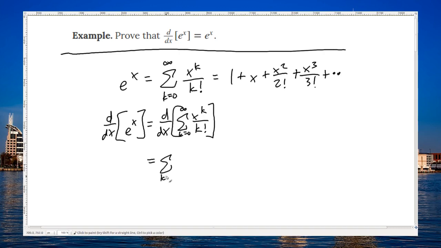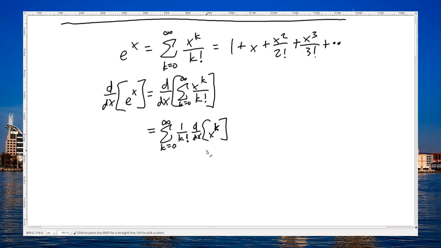Or put it another way, even though there's infinitely many things added up here, you can just bring this to the inside. And let's notice that k factorial is a constant with respect to x, so I don't have to worry about it being in the derivative. All I need to do is take the derivative of x to the k, and that gets me kx to the k minus 1.